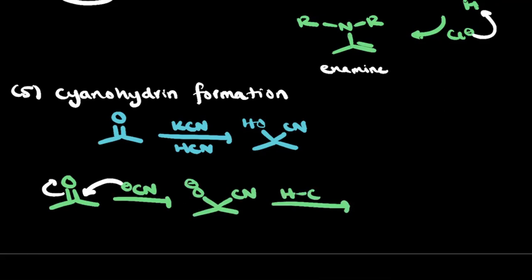Afterwards, you can go ahead and then use the very weakly acidic HCN in order to go and then end up forming your cyanohydrin. So everything here is not too basic, not too acidic, so it's a slow but also moderate reaction.